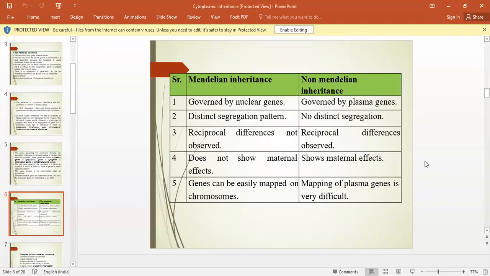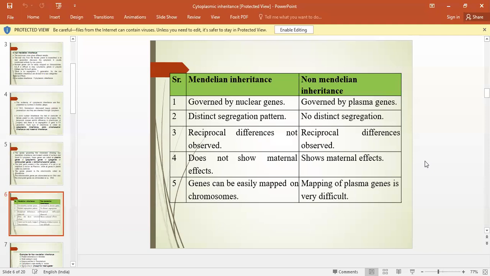This is the basic difference between Mendelian inheritance and non-Mendelian inheritance. In Mendelian inheritance, we concentrate on the nuclear genes, and in non-Mendelian inheritance, we concentrate on the plasma genes, meaning the cytoplasmic genes.